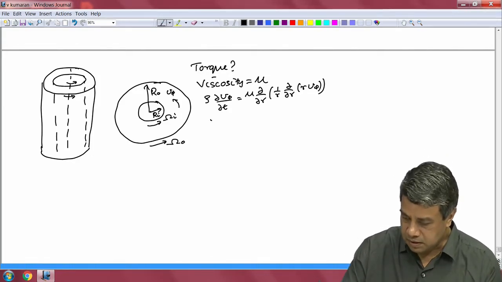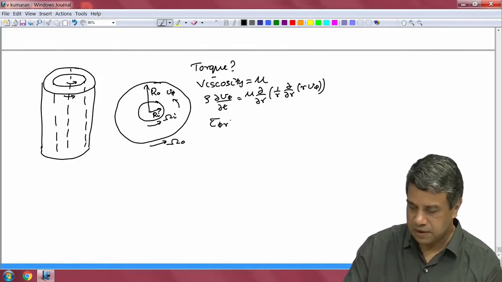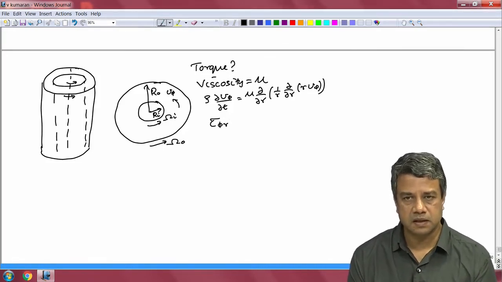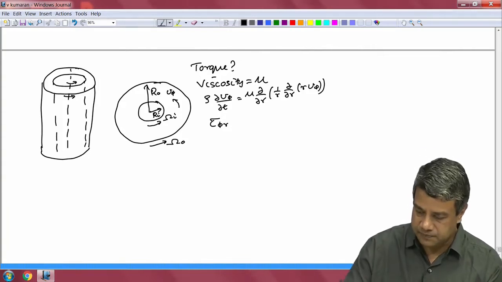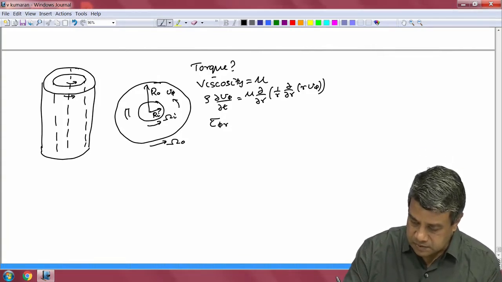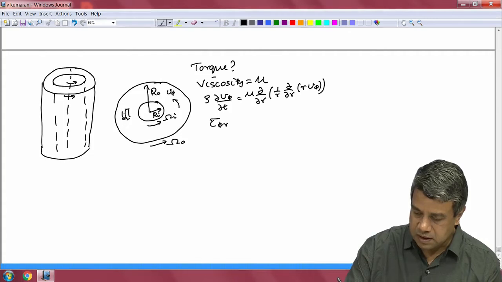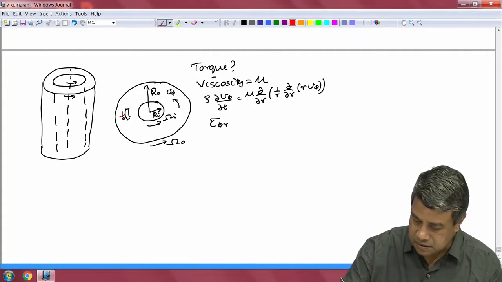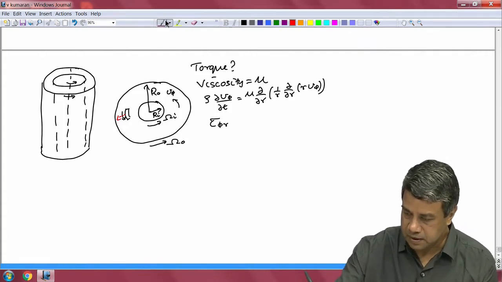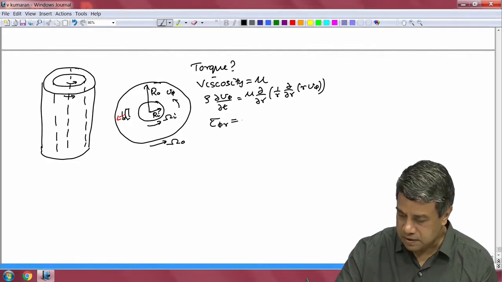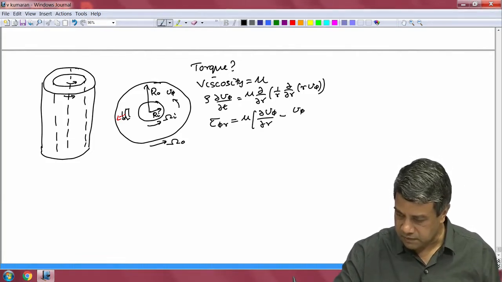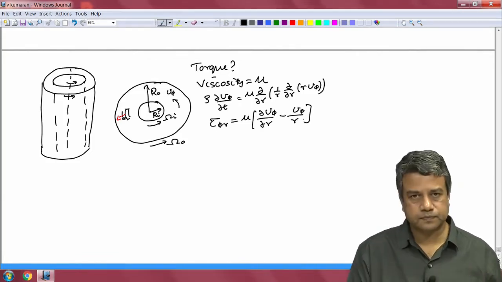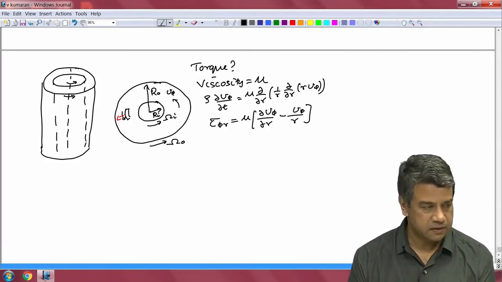And the stress, tau phi r, is the force per unit area in the phi direction exerted at a surface whose perpendicular is in the r direction. The constitutive relation for this is mu into partial v phi by partial r minus v phi by r. Those are the equations that we have to use.